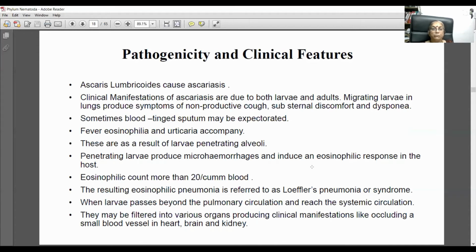That is the sign by which we come to know that some infection is there in the lung. The person infected with larvae can exhibit fever. He has eosinophilia and urticaria. Urticaria means scratching that is seen all over the body.